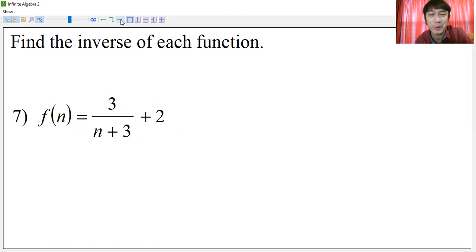There's no x here. We shall use the f and the n. So we will copy this like f, and this is equal to 3 over n plus 3 plus 2.